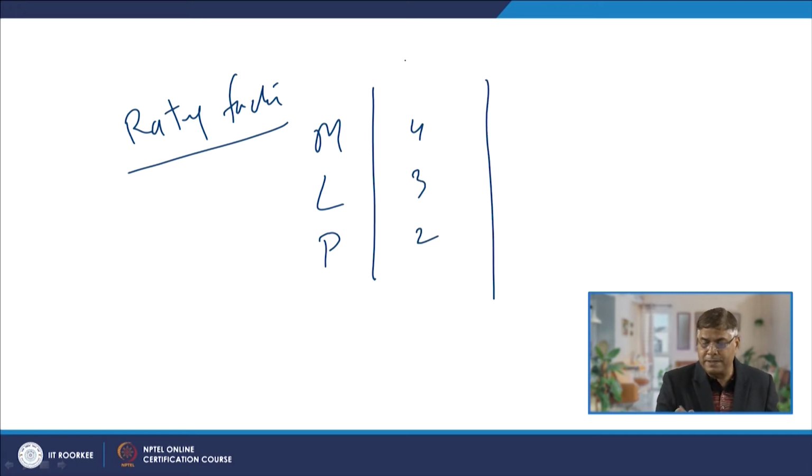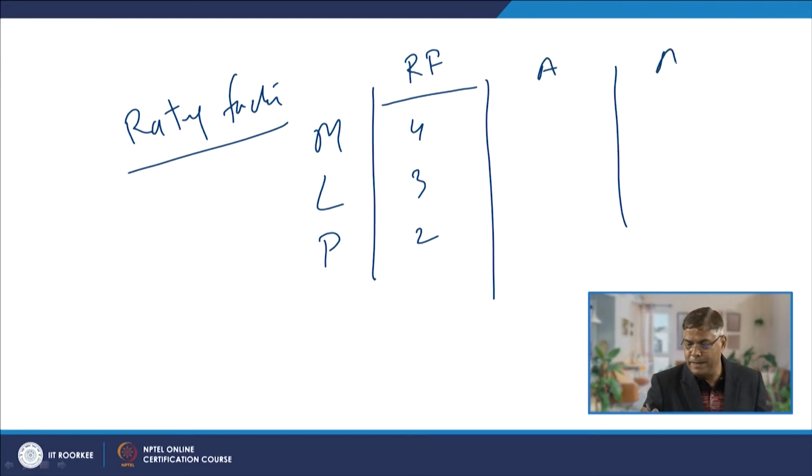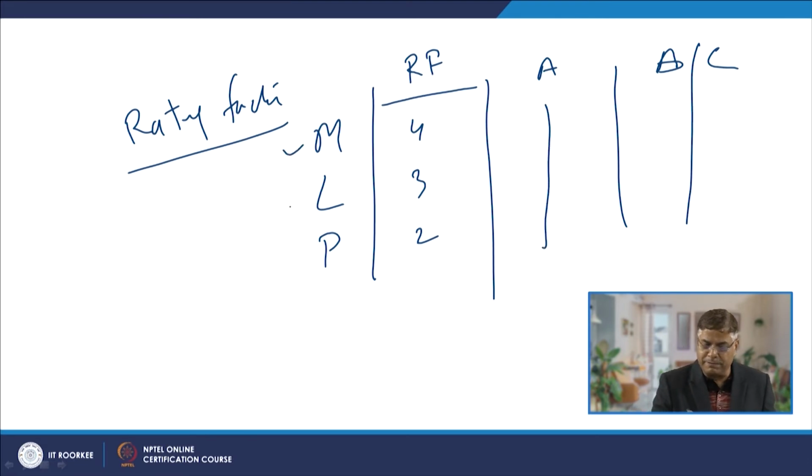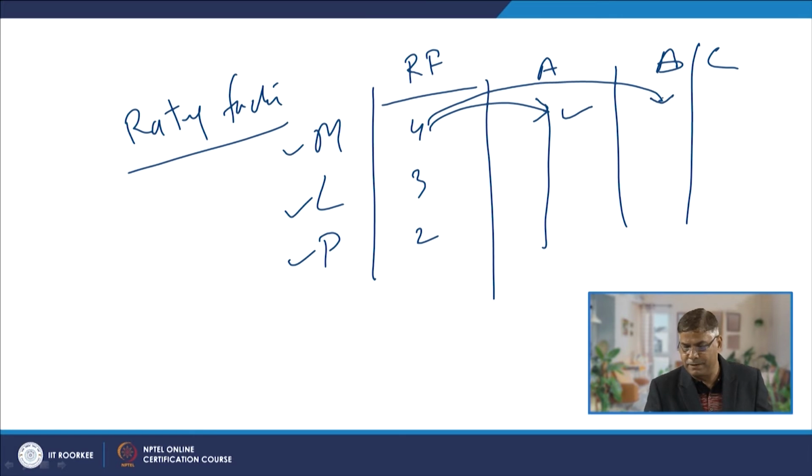Now this rating factor is multiplied with the rating for each of the sites A, B, C. So here rating is given for the suitability of market, labor or power for each of the sites, but the same factor is multiplied to site A, then the same factor to site B, and then the same factor to site C. In this case, the multiplying rating factor is common for all these site ratings.